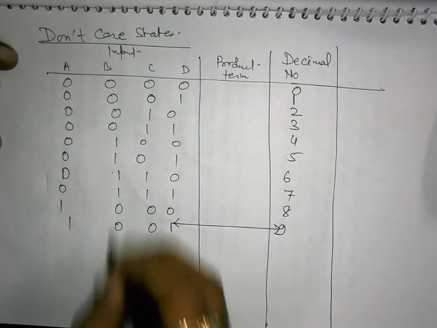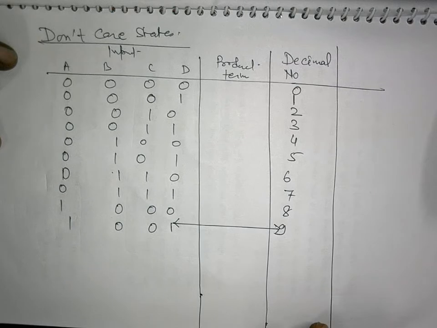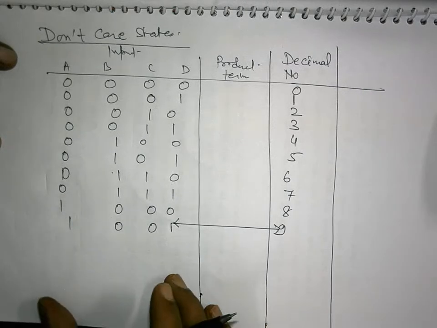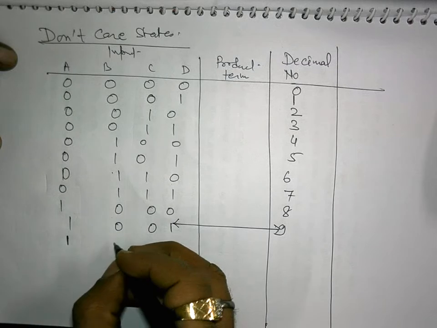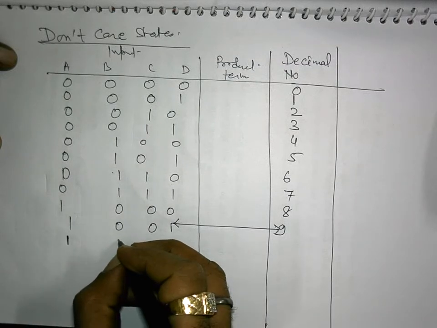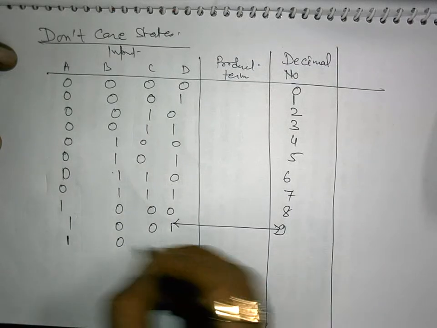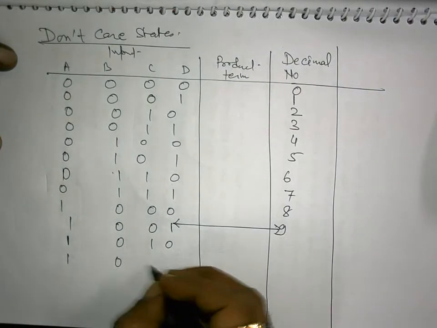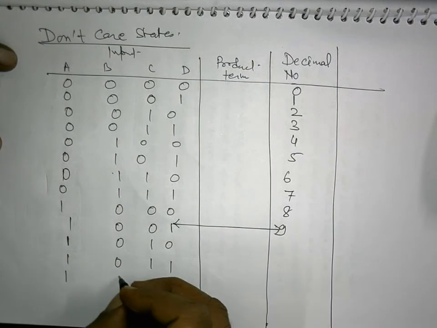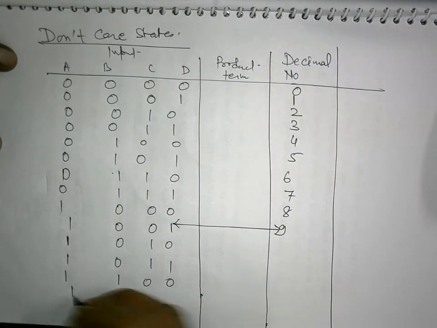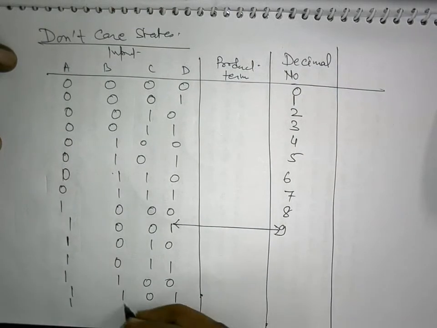But what about the other binary combinations? There are other binary combinations in the 4-bit pattern. So suppose I write the other patterns, it will be 1 0 1 0, 1 0 1 1, 1 1 0 0, 1 1 0 1, 1 1 1 0 and 1 1 1 1.